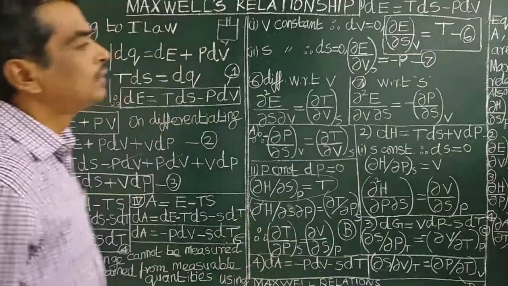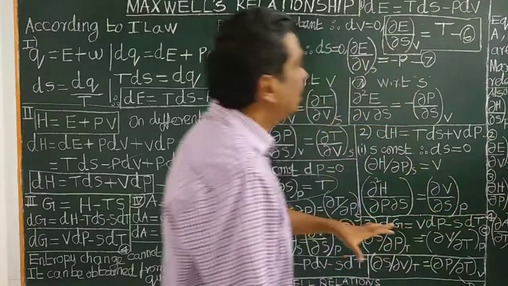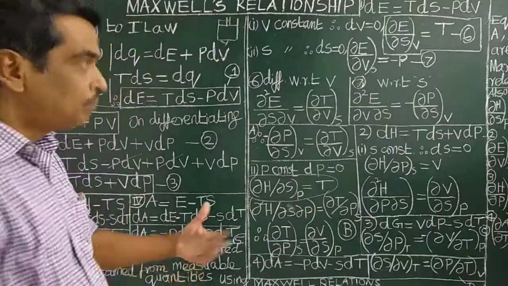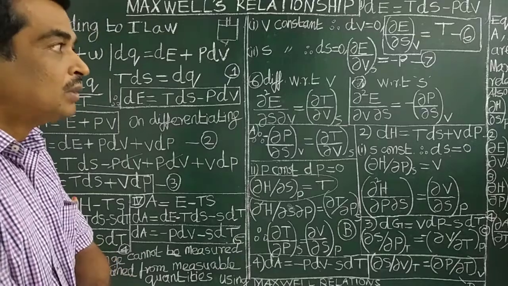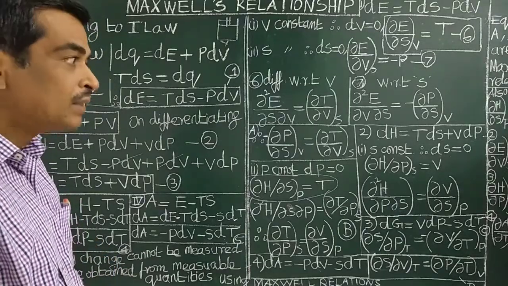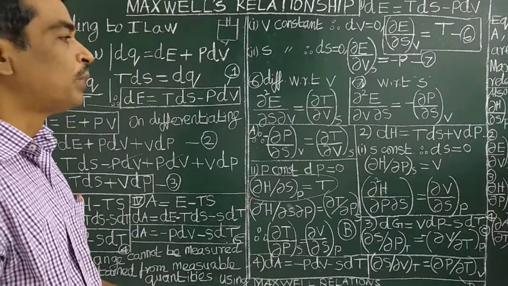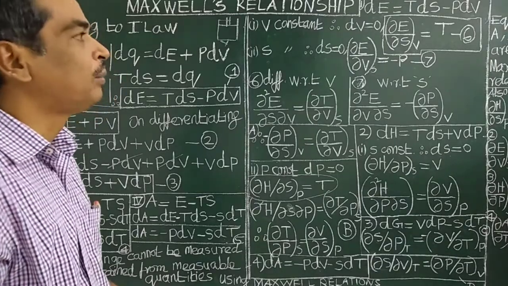Similarly, you will get another three sets. They are also called Maxwell relations. These are very useful for calculating unknown thermodynamic parameters from the known parameters.